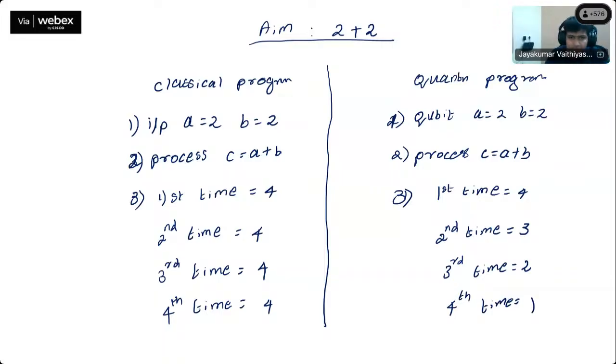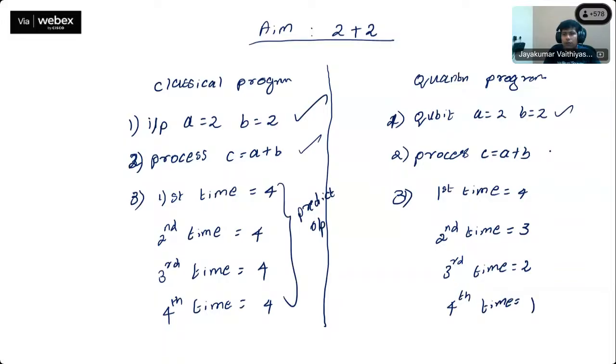Very good question. You know your input, you know your process, and in classical you can predict your output. But in quantum, you know your input, you know your process, but you cannot predict your outcome.